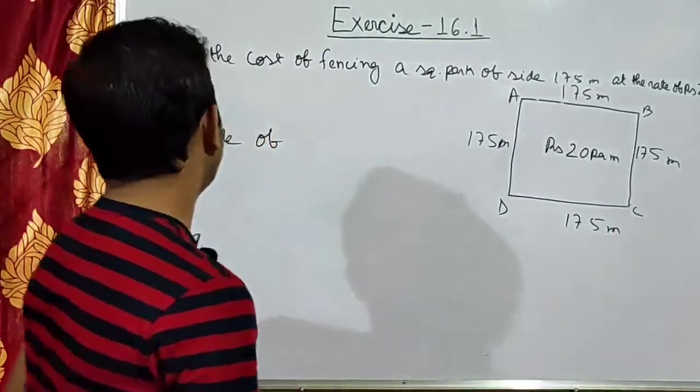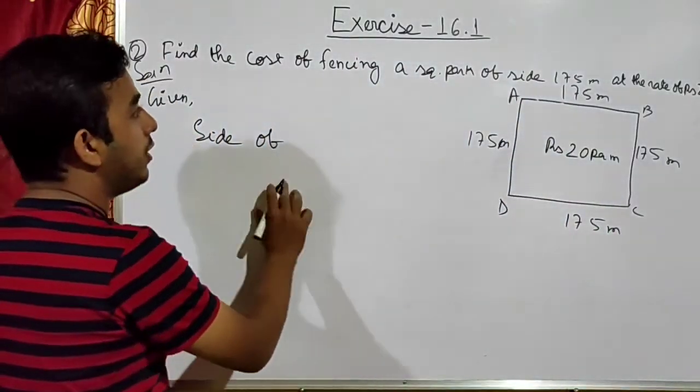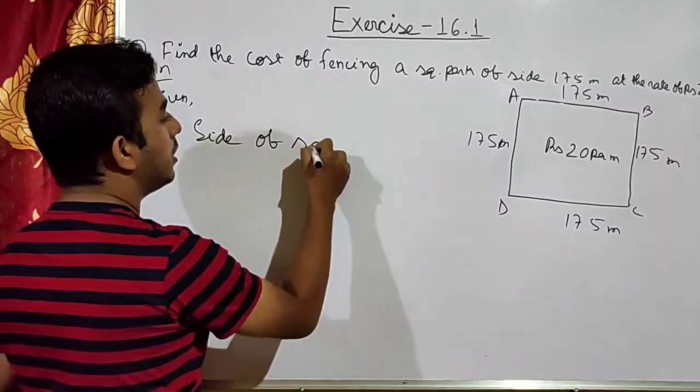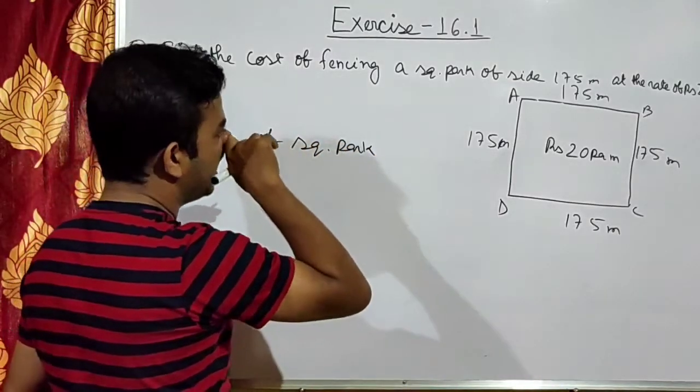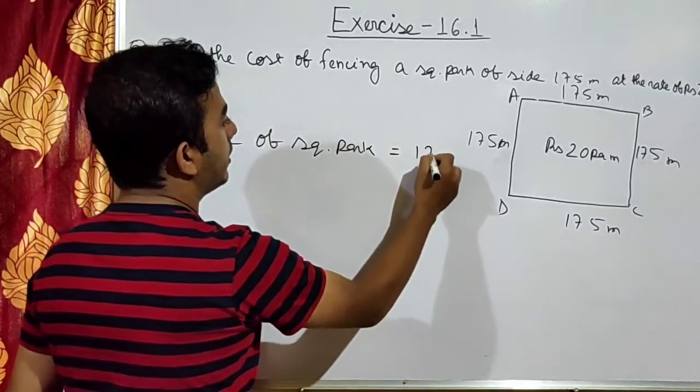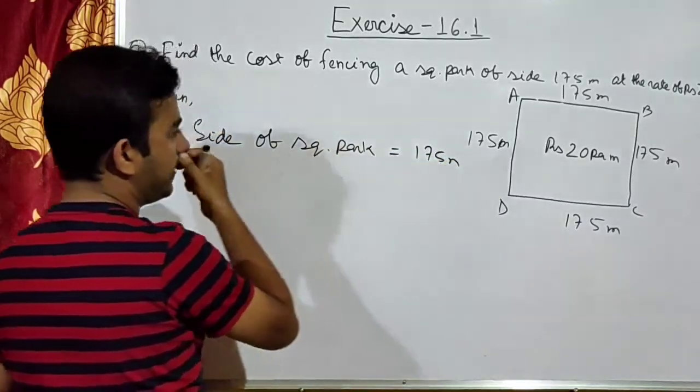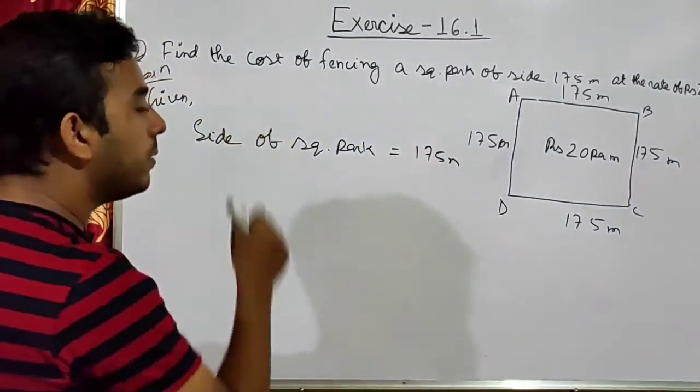Okay. So write the solution, then given: the side of the square park equals how much? 175 meter. Clear? The first thing we have to find out is the perimeter.